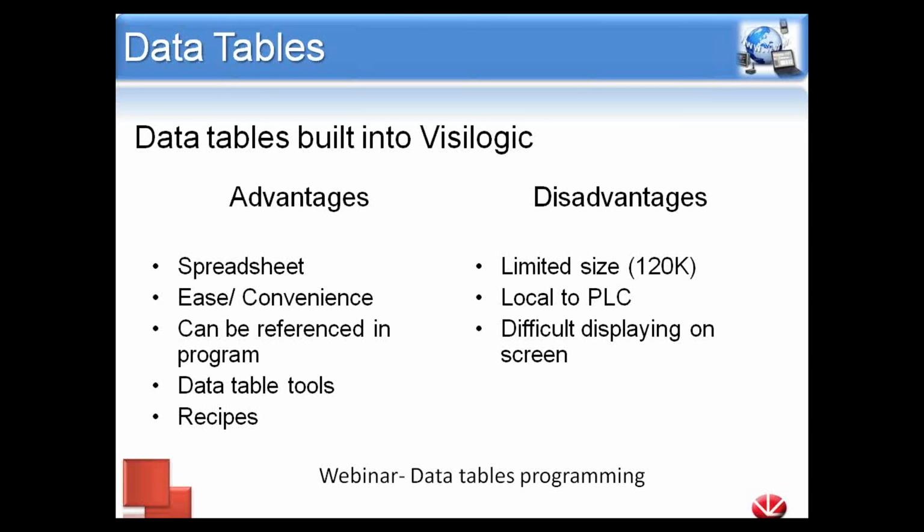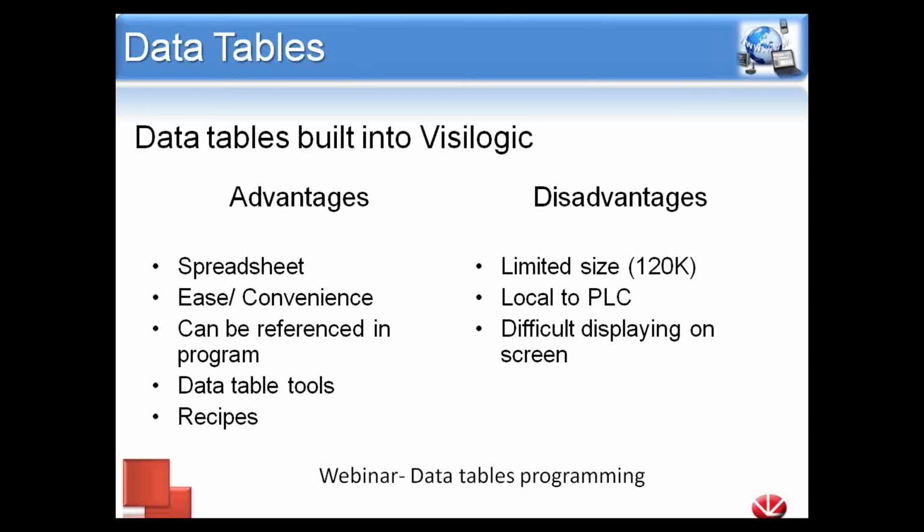We have all of the data table tools at our disposal in VisiLogic. And this type of logging is also ideal for recipes. If we would like to store recipes on the controller and recall them to the ladder, this is very doable using the data tables.